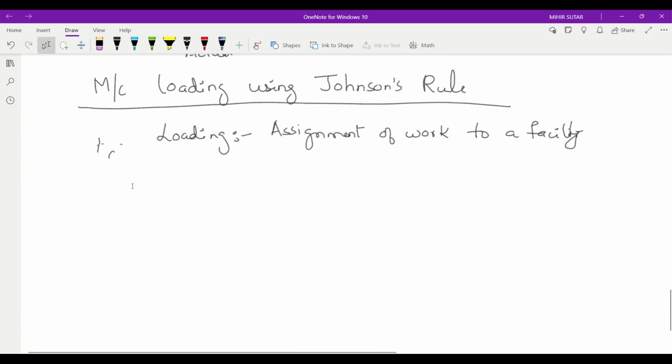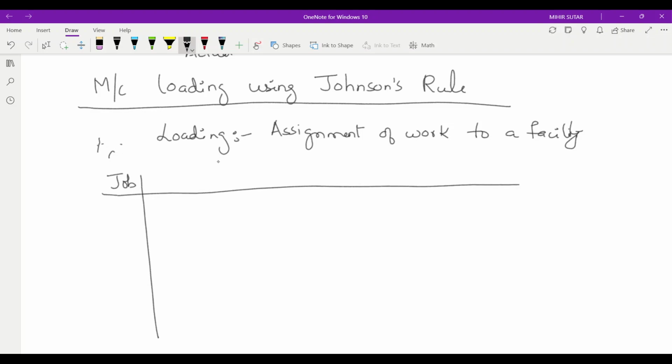Let's say this is one job, and Johnson's rule is used mostly for two or three machines. So first I am using it for two machines. So first it is your job, let's say machine one, then it is your machine two.